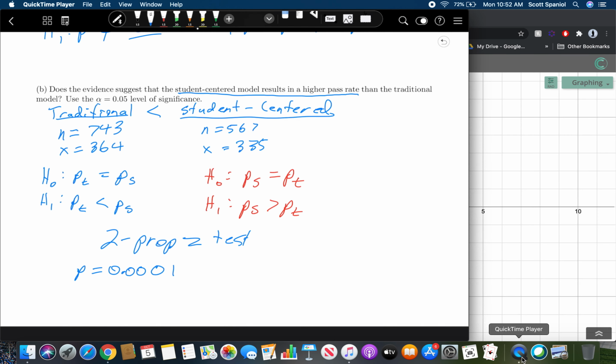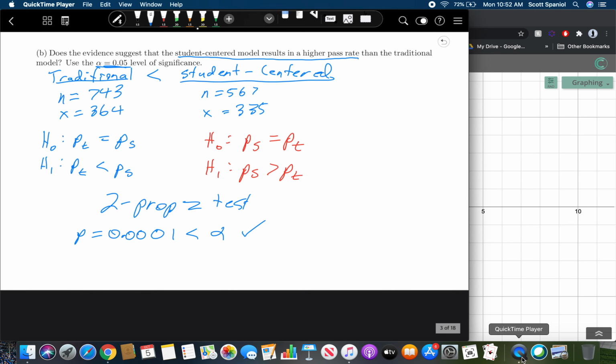And so we want to compare that to alpha, just like in chapter 10. So is that less than alpha? In this case, yes, it is, right? That's less than 0.05. And so that allows us to do exactly the same thing we did in the last one, which is reject H naught. So we're rejecting the fact that they're the same, and so now we can write the alternative hypothesis. Okay?